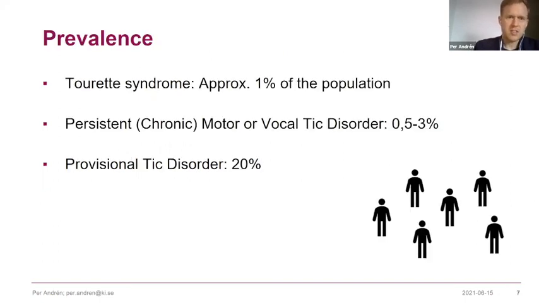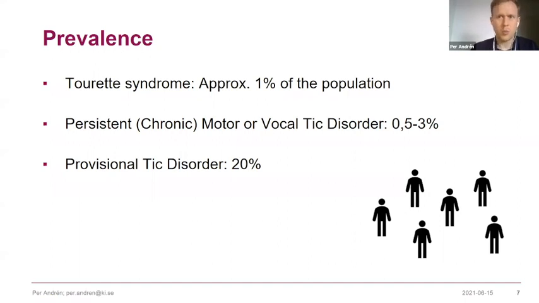Looking at prevalence, if you look at different studies, you end up with various different numbers. But a very typical figure is that Tourette syndrome, Tourette disorder, is approximately 1% of the population, while persistent chronic motor or vocal tic disorder might vary a little bit. Some say it's more common and some say it's less common.